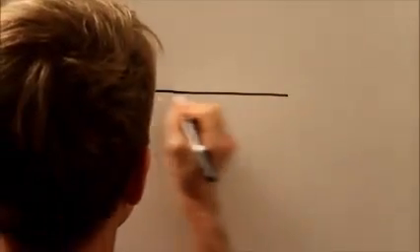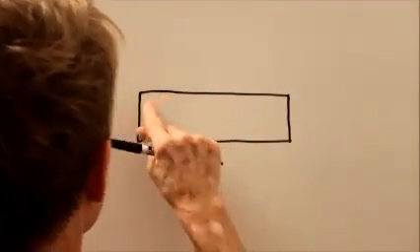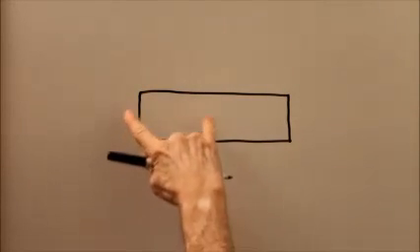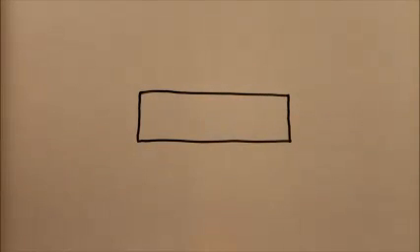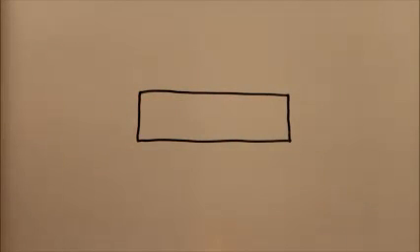Well, let's look at the false one first. All rectangles are rhombuses. Here's a rectangle. Opposite pairs of sides are parallel. Opposite pairs of sides have equal length. Each and every interior angle is 90 degrees. That's what makes a rectangle.